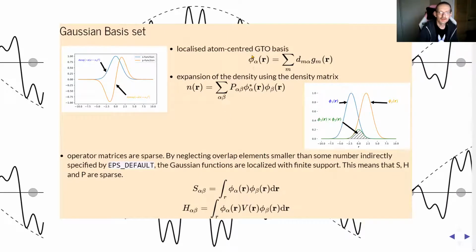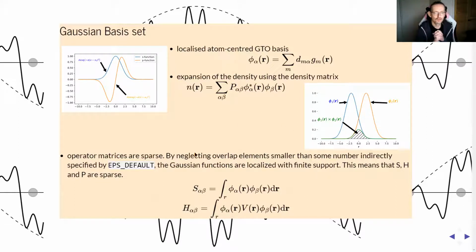So an actual basis function is going to be a linear combination of primitive Gaussian functions, and then if you multiply it by a polynomial function, you get a function that looks like an atomic orbital, and we're going to build the density using products of these functions times a coefficient, which is the density matrix.